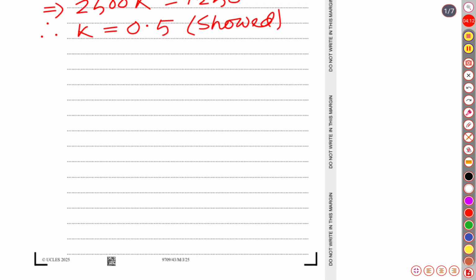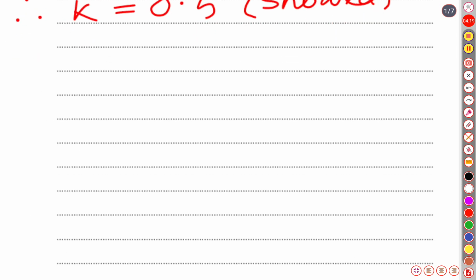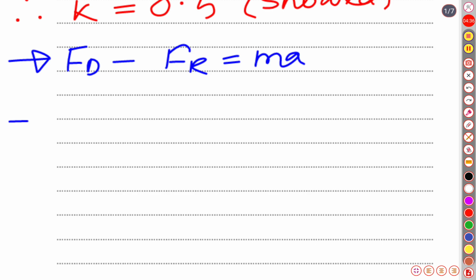The van is moving in a horizontal direction. Driving force minus resistance to motion is equal to mass into acceleration. Driving force is power divided by velocity, minus resistance to motion, which is kv squared.